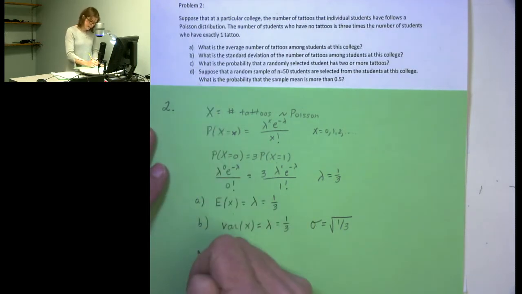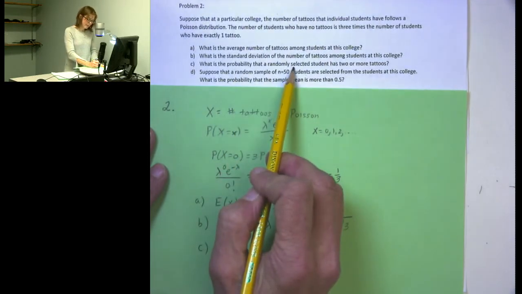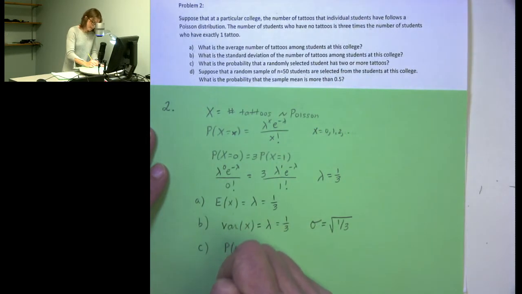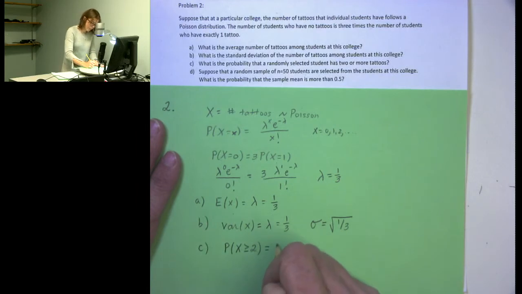Now, part C asks, what is the probability that a randomly selected student has 2 or more tattoos? So the probability that x is greater than or equal to 2. This is easiest to find using the complement. That's 1 minus the probability that x is less than or equal to 1.